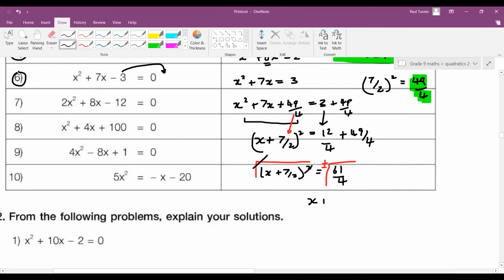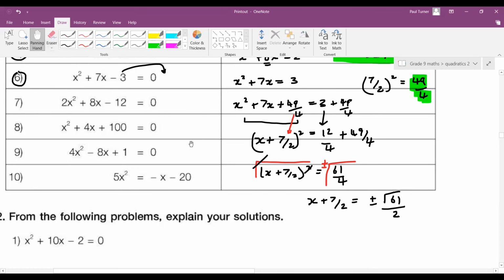You'll have (x + 7)/2 is plus or minus root 61 on root 4, and square root 4 is 2. So do you see what I did here? I square rooted the 61 on top, on the numerator, and square root 4 in the denominator, which is 2.